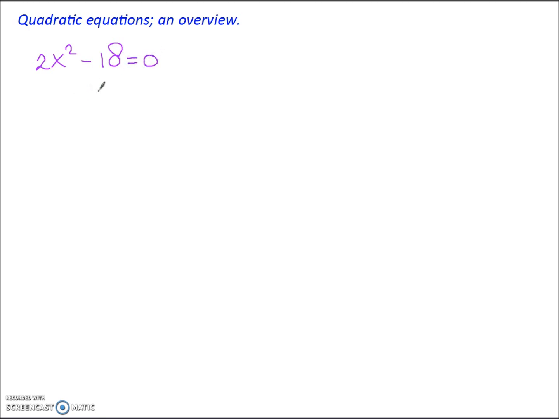If you want to solve this, you will have to note that there is an x squared in one term and the other term has no x at all. So in this case you can write down 2x squared is equal to positive 18, because I added 18 on both sides.